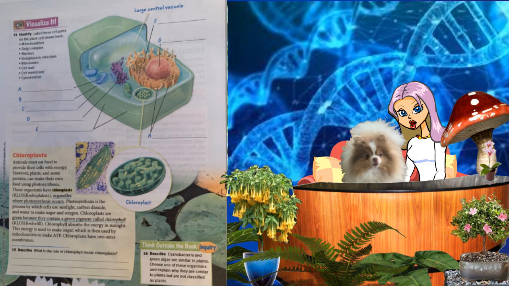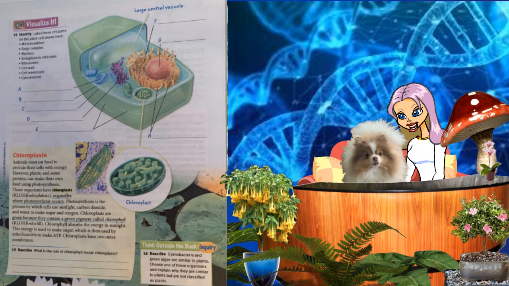Chloroplasts. Animals must eat food to provide their cells with energy. However, plants and some protists can make their own food using photosynthesis. These organisms have chloroplasts, organelles where photosynthesis occurs. Photosynthesis is the process by which cells use sunlight, carbon dioxide, and water to make sugar and oxygen.